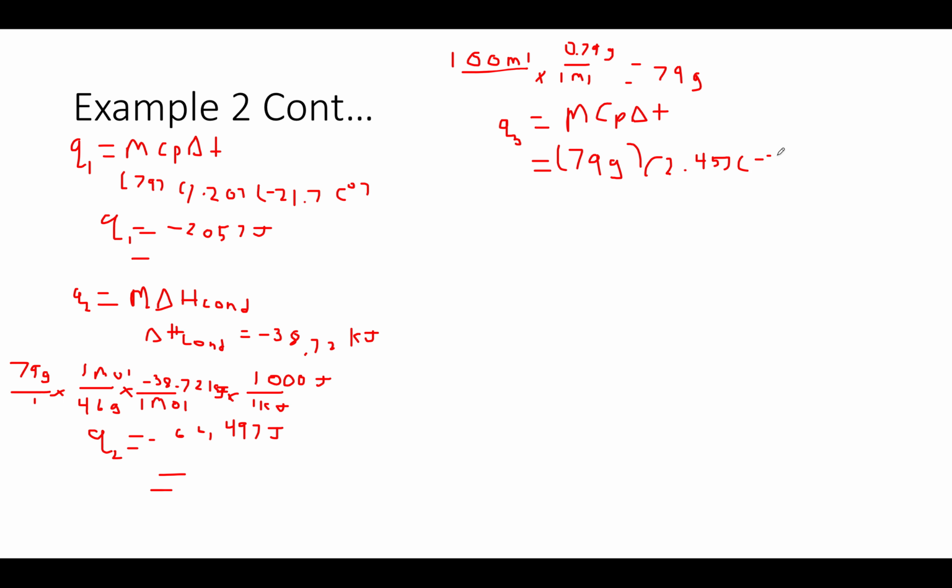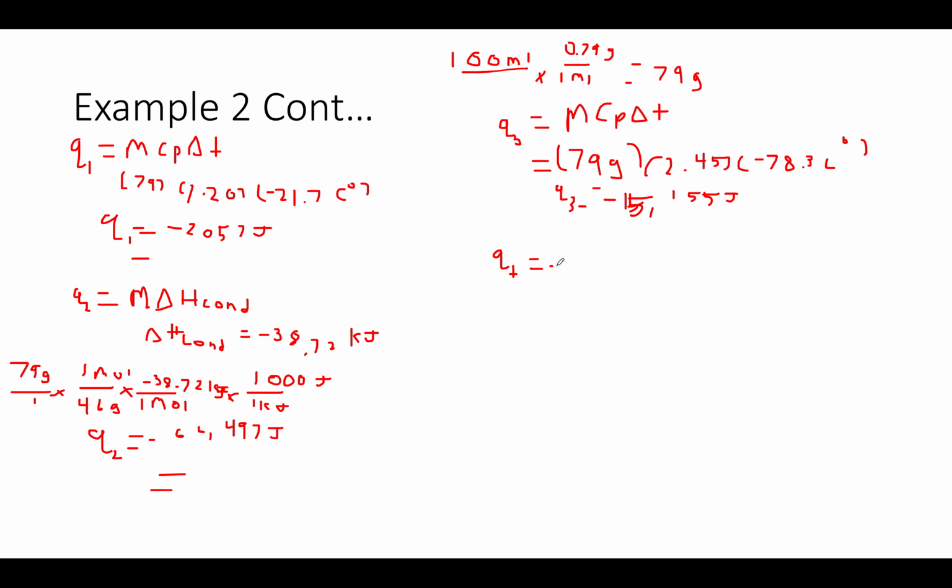So negative 78.3 degrees Celsius. So Q3 equals negative 15,155 joules.